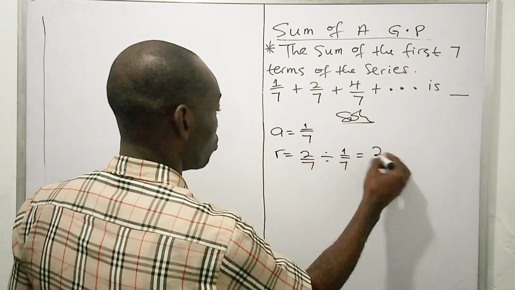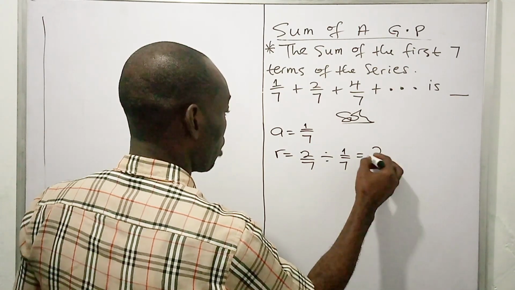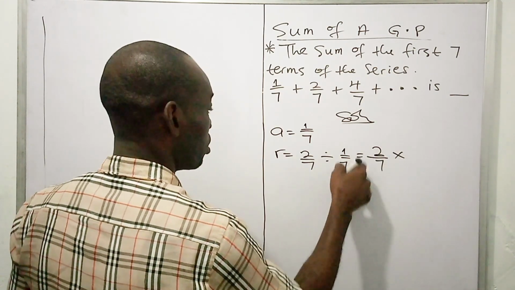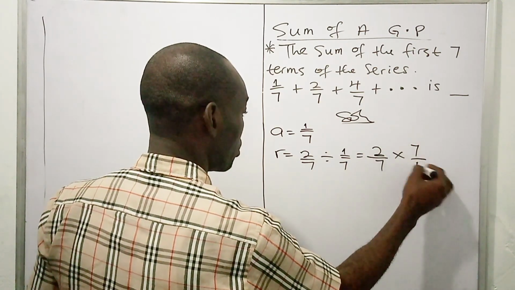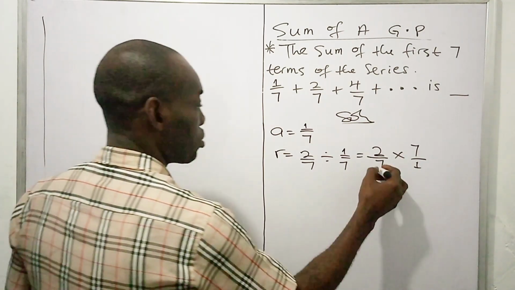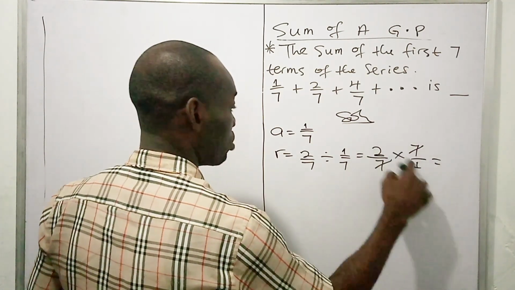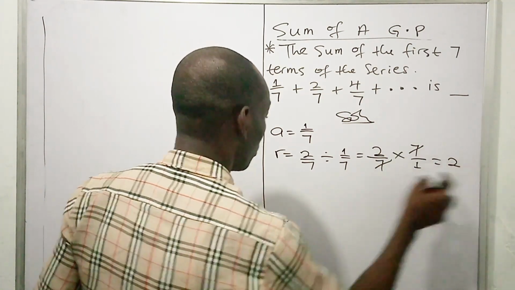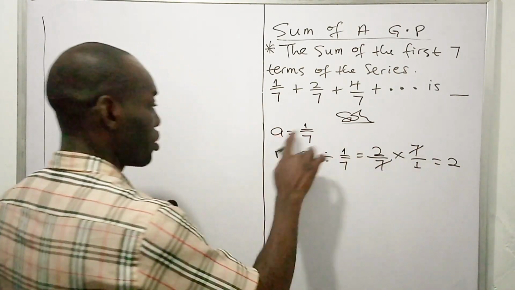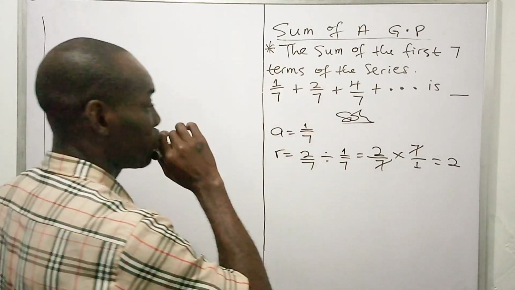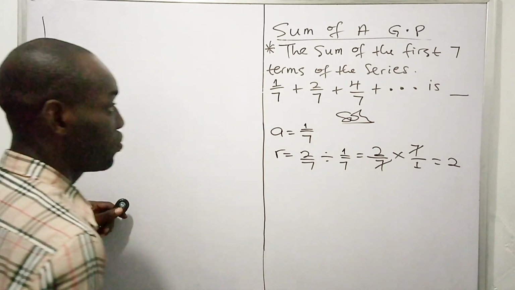That gives us 2/7 times 7/1, since division changes to multiplication and the fraction reverses. So 7 cancels out 7, and 2 divided by 1 is 2. So the common ratio is 2, while the first term is 1/7. And we're asked to find the sum of the first 7 terms.